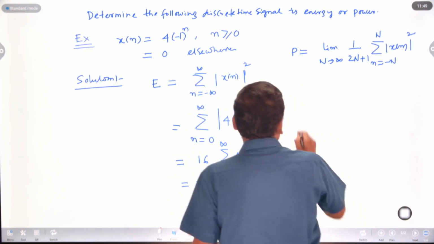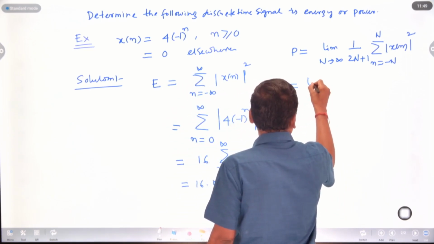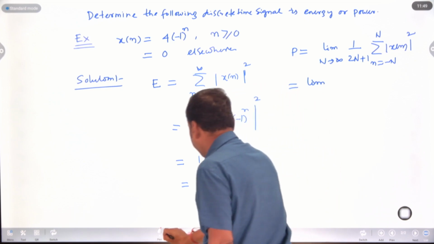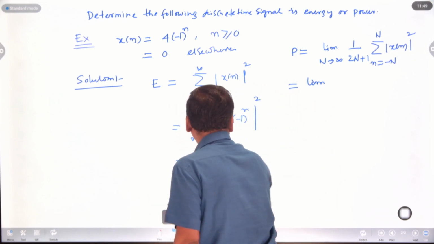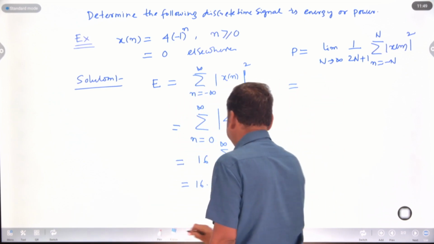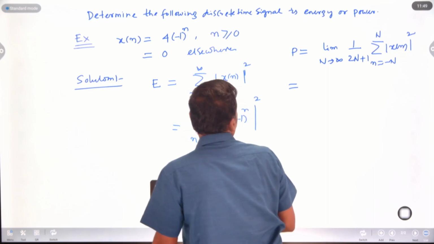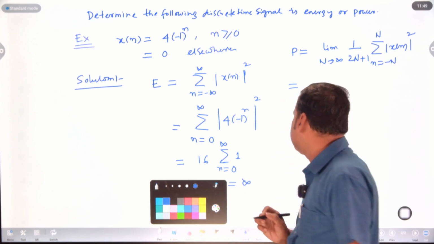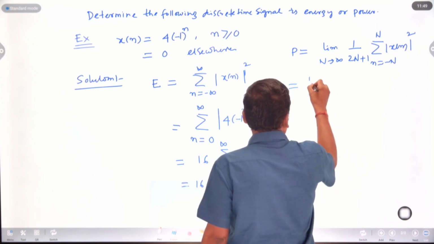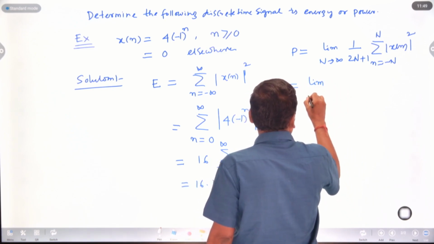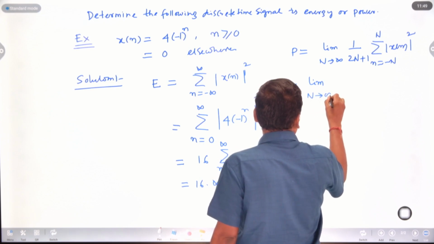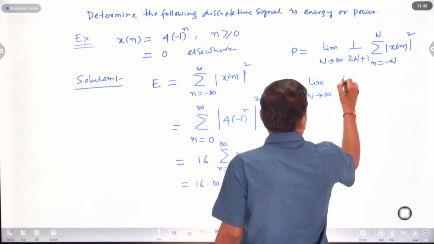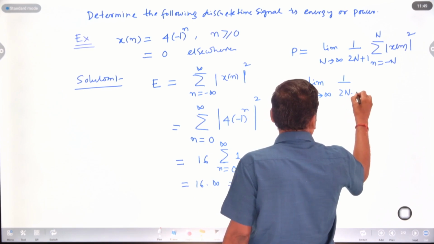The same procedure you followed to calculate the energy of a discrete time signal, you will follow to calculate the average power P. So here the limit as n tends to infinity of 1 by 2n plus 1.